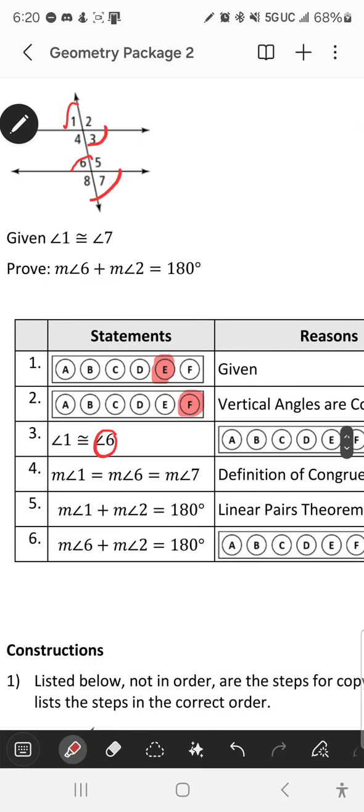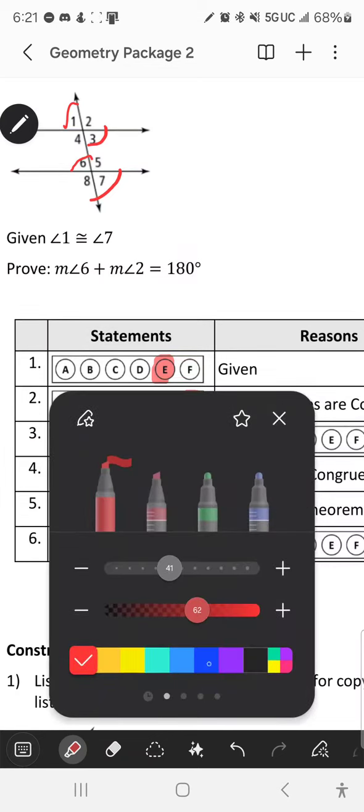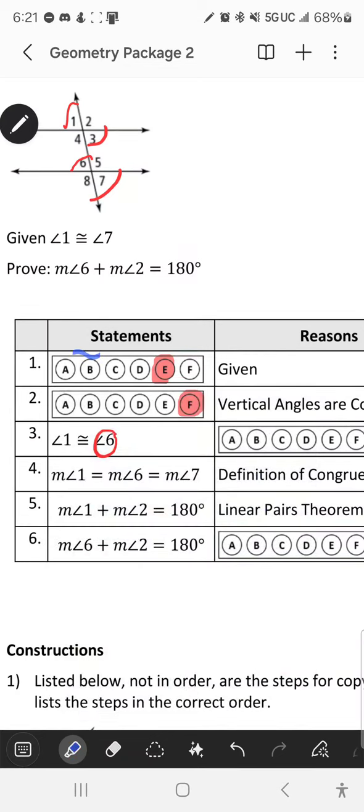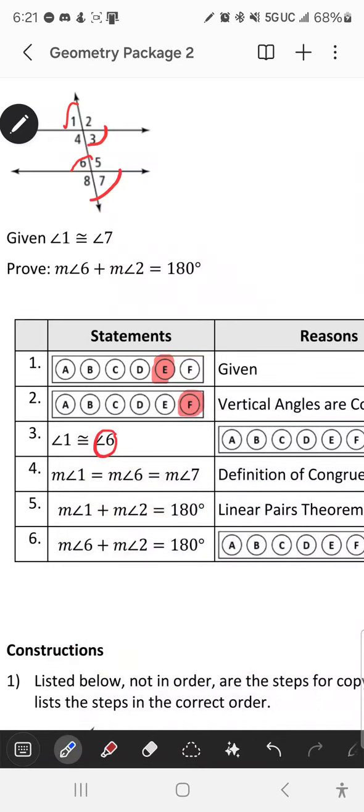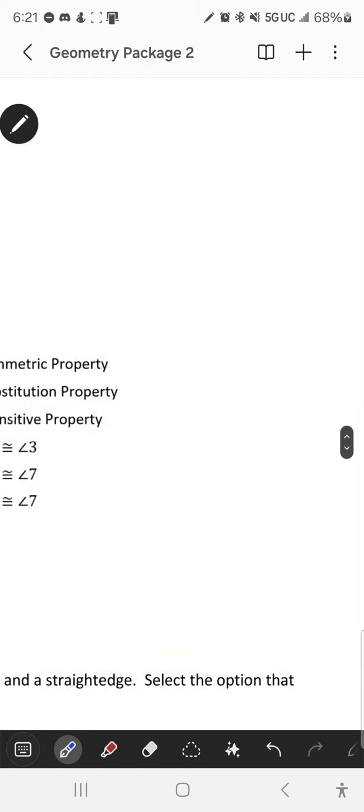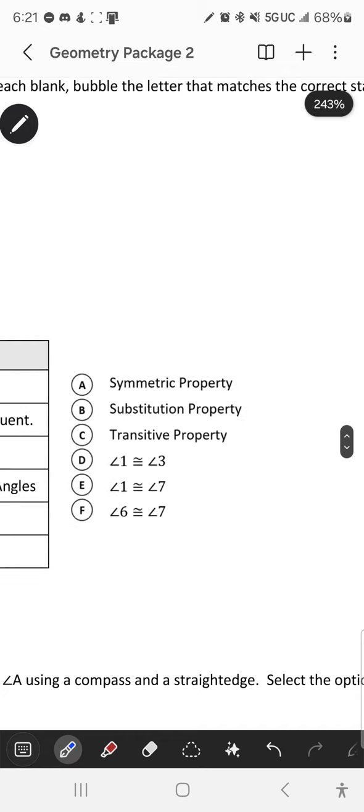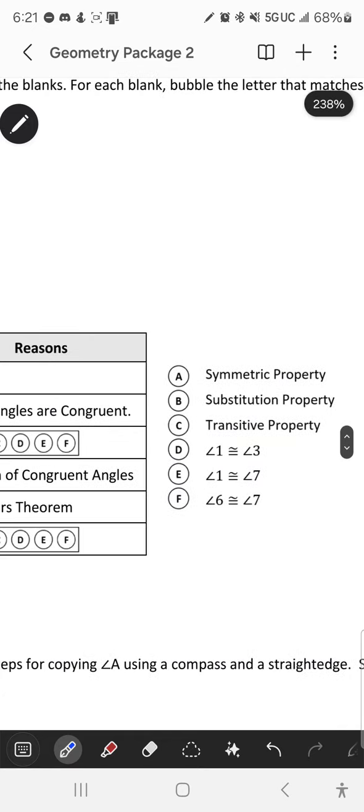Then why is 1 and 6 going to be equivalent? Well, here, I'm going to do it in blue. Here we have 1 and 7. Here we have 6 and 7. So based on the transitive property, or maybe substitution. Oh, we have both.